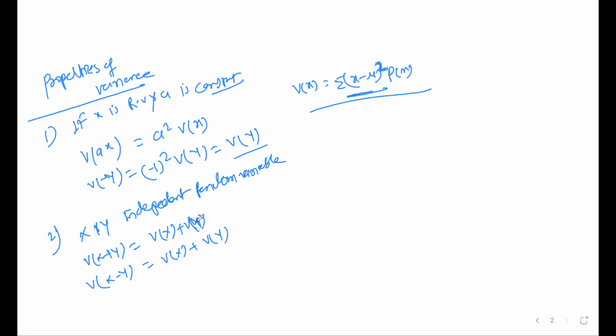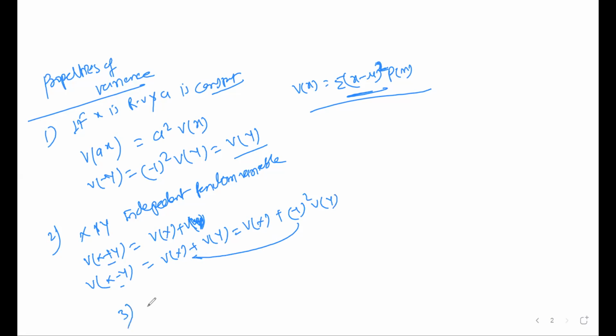In both cases you get plus 1, because minus becomes plus. We could write it as v of x plus (minus 1) whole square into v of y, and that reduces to the same result. Whether it is plus or minus, you get the same result.